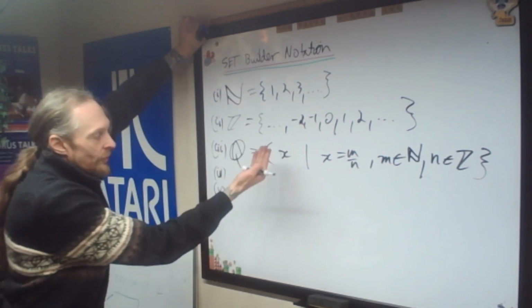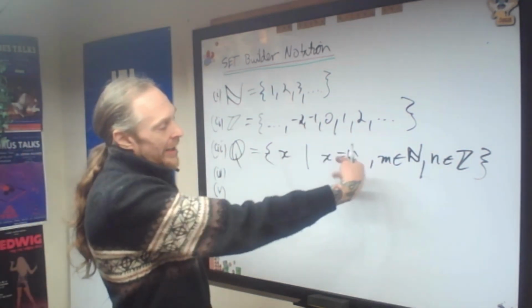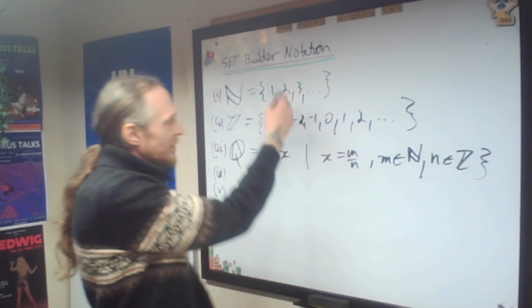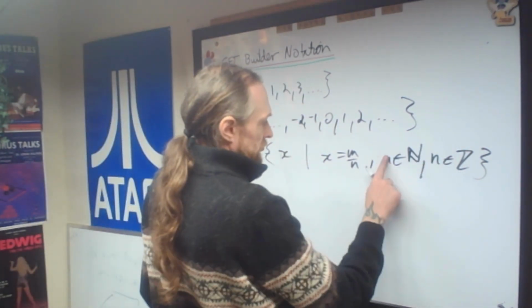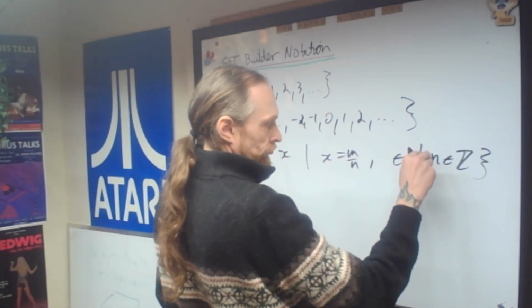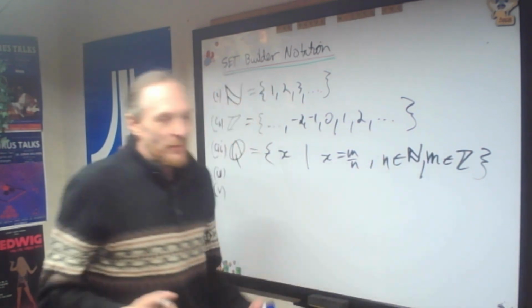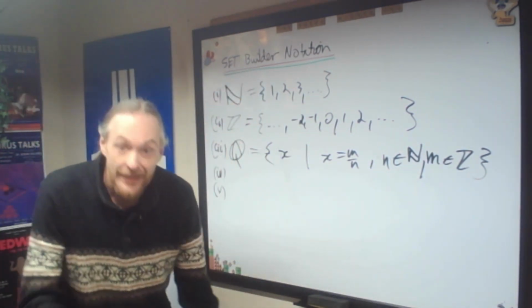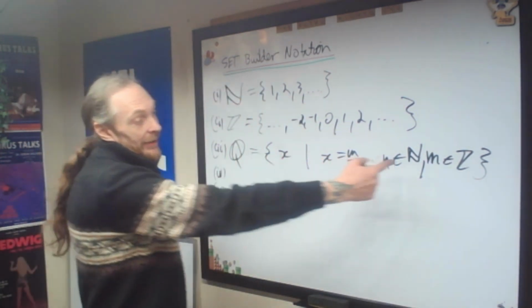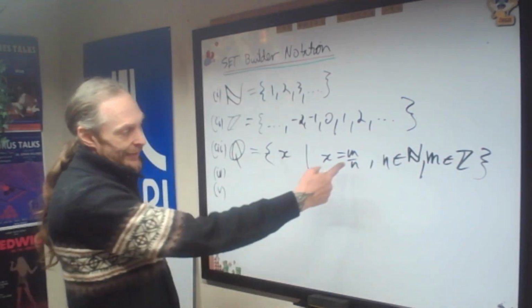This is all numbers such that it's the ratio of two integers where n is positive. We'll move the negative to the top. If there's two negatives, they're going to cancel. You'll see you can't divide by 0.